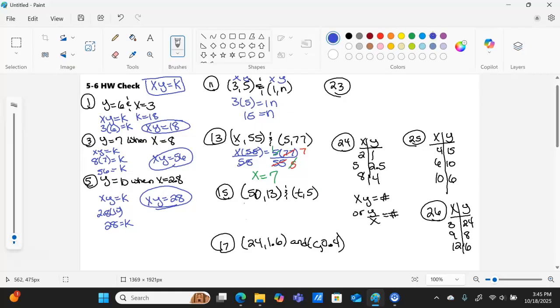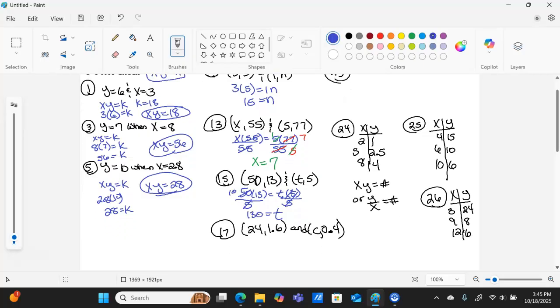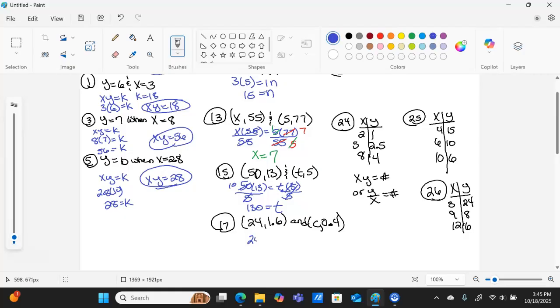On number 15, 50 times 13 is equal to t times 50. Divide both sides by 50. And we will get t equals 5 will go into 50 10 times. 10 times 13 is 130. Number 17, 24 times 1.6 has to equal c times 0.04.